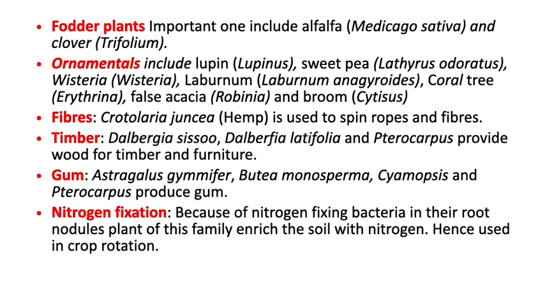Timber is obtained from Dalbergia sissoo, Dalbergia latifolia, Pterocarpus, which is used for timber and furniture. Gum is produced by Astragalus gummifer, Butea monosperma, Cyamopsis, Pterocarpus.